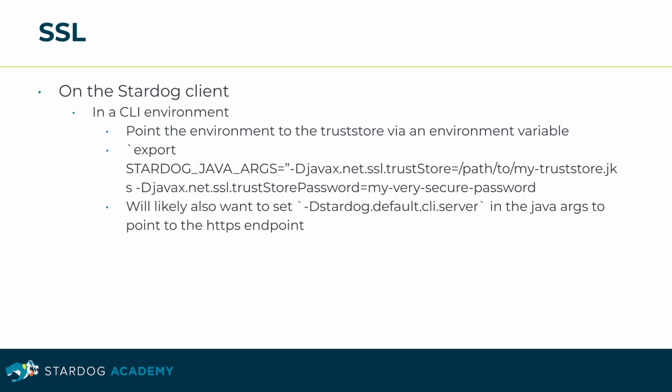You will also likely want to set the stardog.default.cli.server argument inside of your Stardog Java args to point to this HTTPS endpoint. Otherwise, you'll need to type the entire HTTPS address into every command you run. When using Stardog Studio from a web browser, you simply need your browser configured to trust the server's SSL certificate. This concludes the section about using SSL with Stardog.